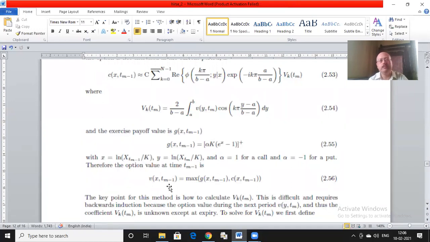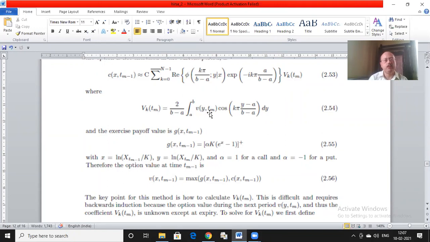Again, is this clear to all of you? What we are trying to do? At time Tm minus 1, I am trying to solve the problem of continuing or exercising. If I continue, it is as if I now have a new contract starting at Tm minus 1. So I can evaluate it using the cosine method with a different starting point, VK Tm.